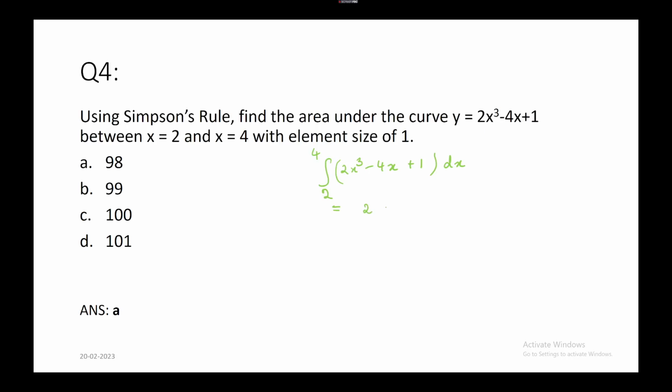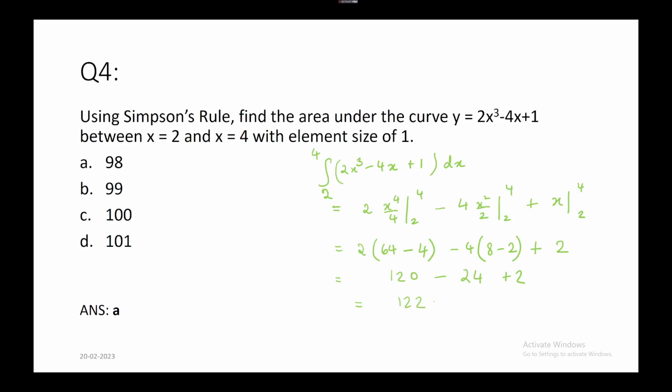This will be 2 times of x cube dx, x power 4 by 4 from 2 to 4 minus 4 times x dx, x square by 2 from 2 to 4 plus dx, which is x power 4 by 4, 2 times 4 power 4 by 4, which is 4 cube, 64 minus 2 power 4, 2 power 4 is 16 by 4, which is 4 minus 4 times x, 4 power 4 square, 16 by 2, 8 minus 2 square 4 by 2, which is 2 plus 2, 4 minus 2, 60 into 2, 120 minus 4 into 6, 24 plus 2, which is 122, 24. This is also turning out to be 98, I think.